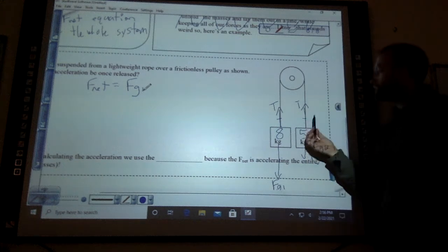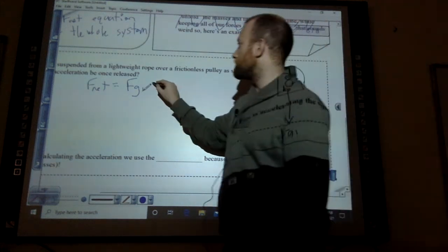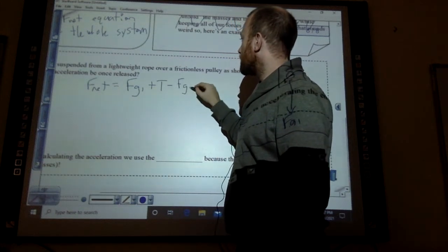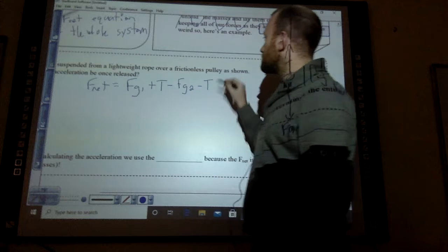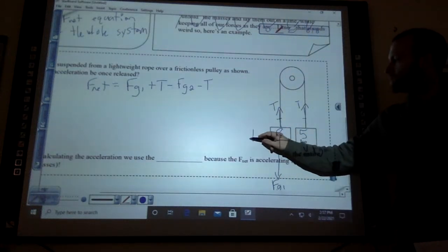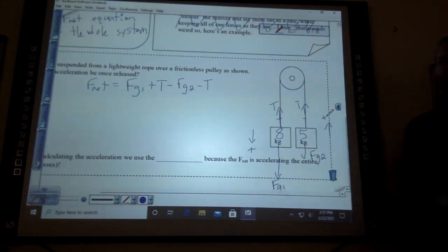And our positive force on the other side is tension, because this object is moving up. So FG1 plus tension minus FG2 minus tension. So this is the overall system. On this side, down is positive. On this side, up is positive. Again, just looking at the direction of motion.